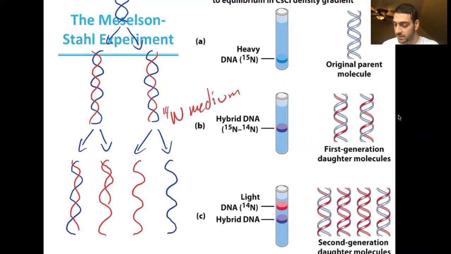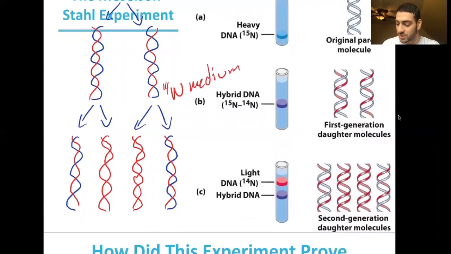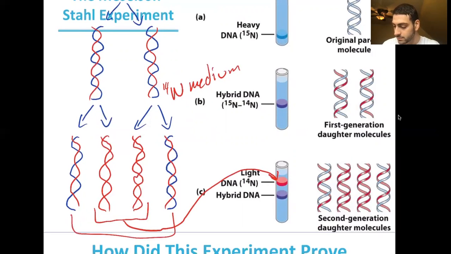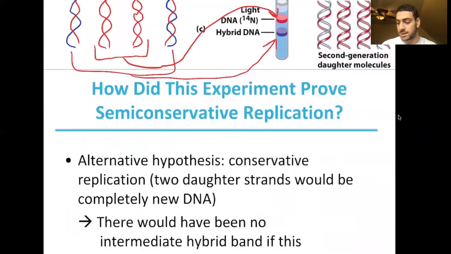Here, the daughter strand is going to be N14. Here, and here. Sorry, my DNA looks awful, but yeah, I hope you guys get the point. And this shows two of them are purely N14, and then two of them are hybridized. And that's basically what the experiment showed.